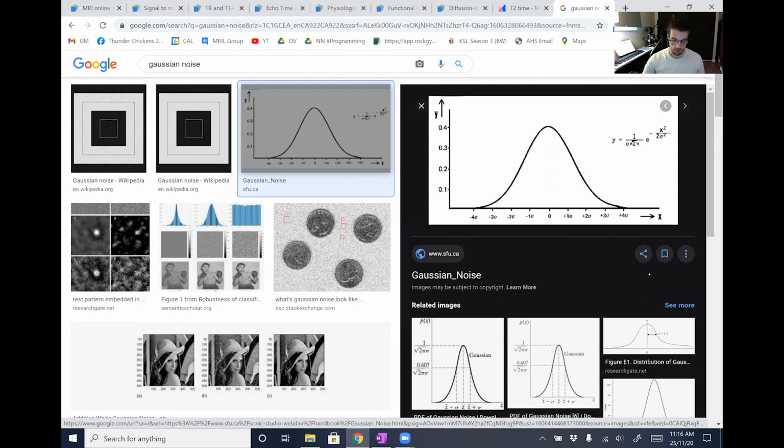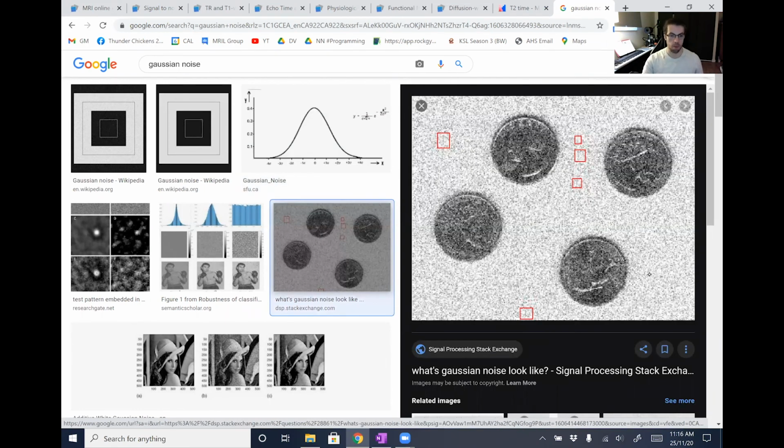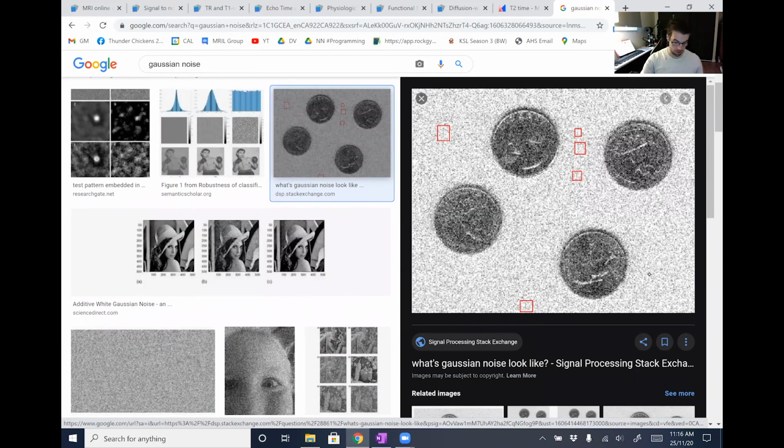So there are 3 terms in that model of noise that we're talking about: white, additive, and Gaussian. The first one, Gaussian, means that the noise in the image has equal likelihood of either increasing intensity in a voxel or decreasing it, which I had this picture up earlier.